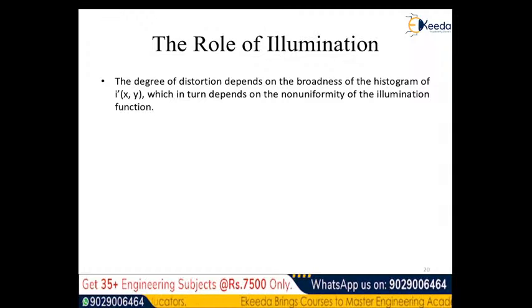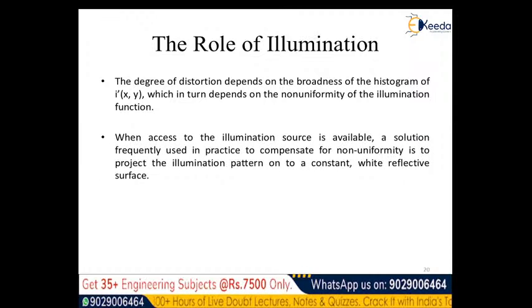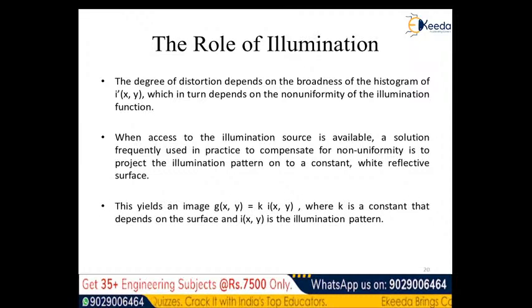When access to the illumination source is available, a solution frequently used in practice to compensate for non-uniformity is to project the illumination pattern onto a constant white reflective surface. This is supposed to yield an image that we generally represent as g of x comma y, the output resultant image, simply k multiplied by I of x comma y.